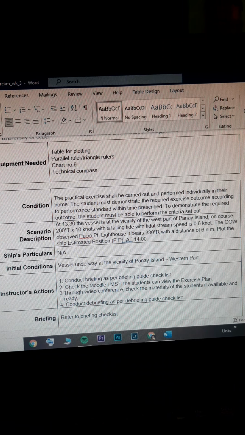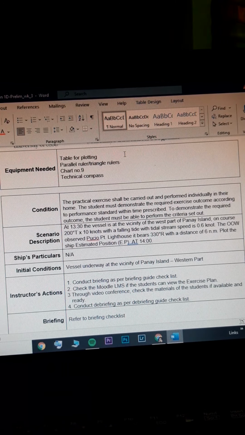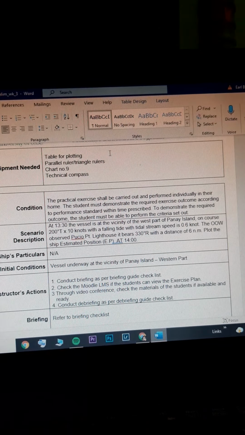Plot the ship's estimated position at 1400 hours. And we have the true bearing. We have the course of 200 degrees and also the 330 degrees relative. Right now, we have the true bearing of the Pusho Lighthouse.